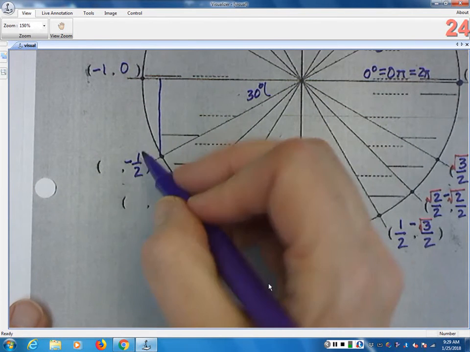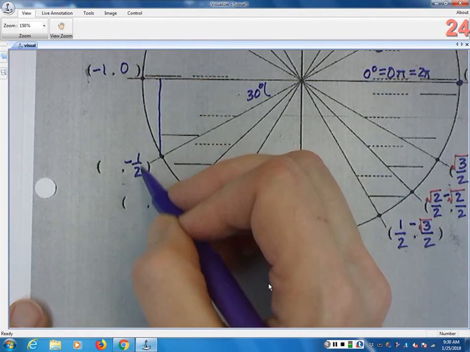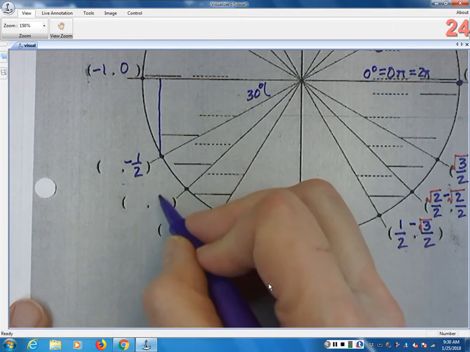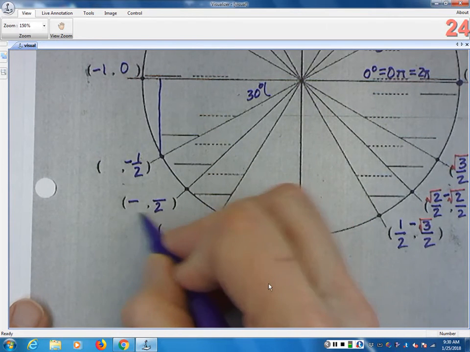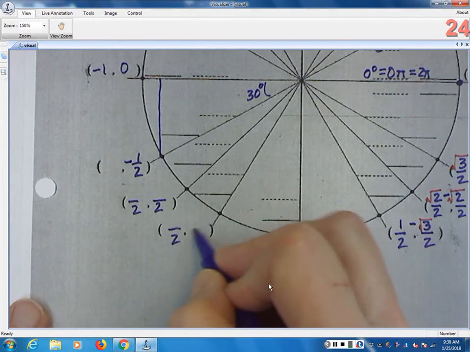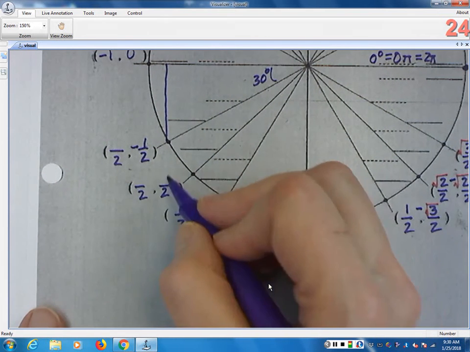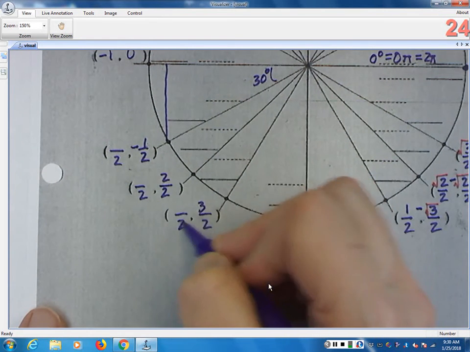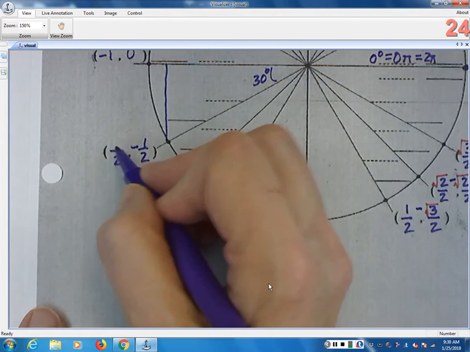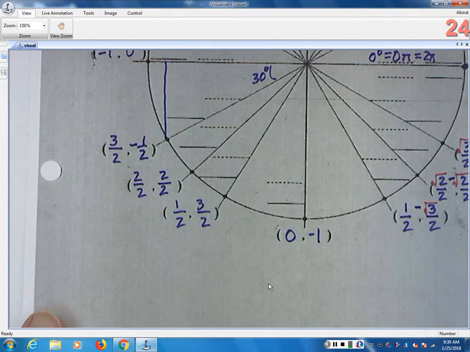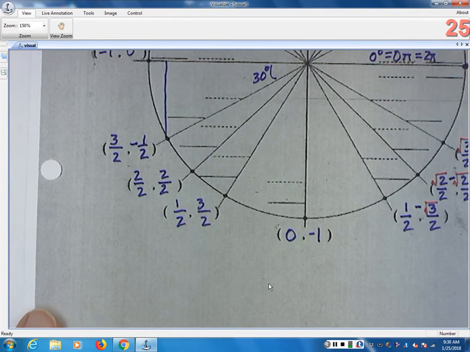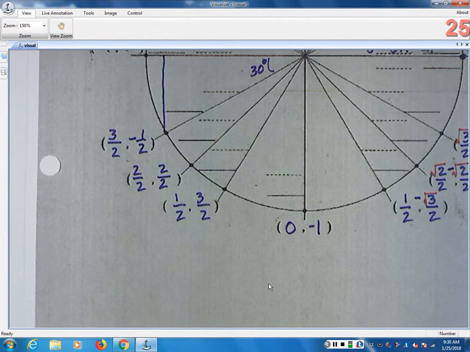So I start with 1 there. We're dividing by 2. And 1, 2, 3, 1, 2, 3. Got that right. Does that make sense?